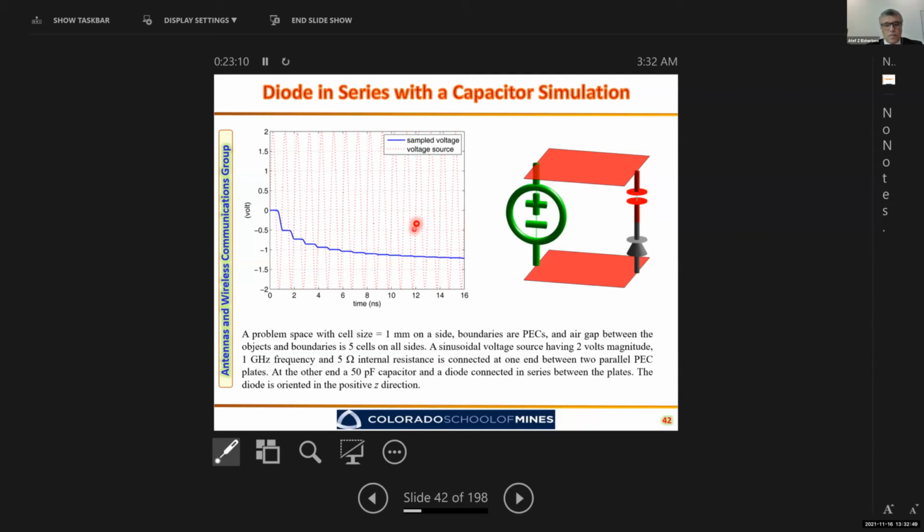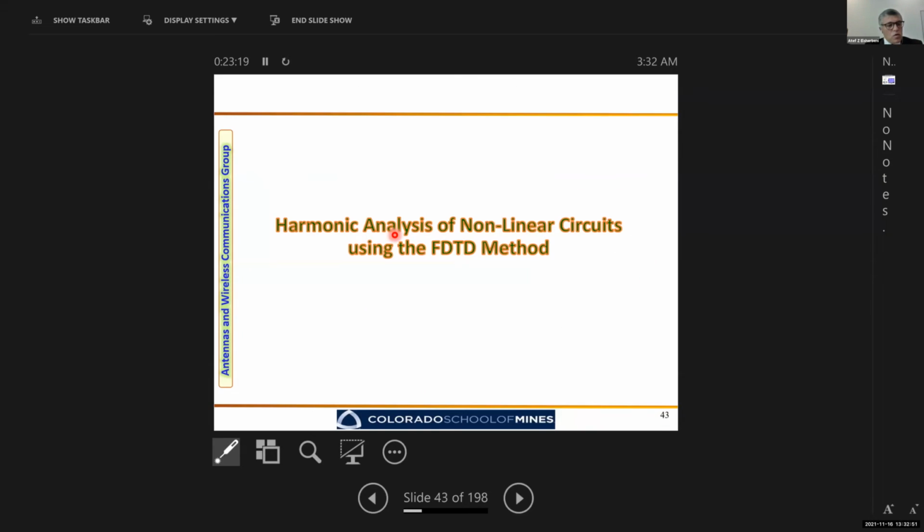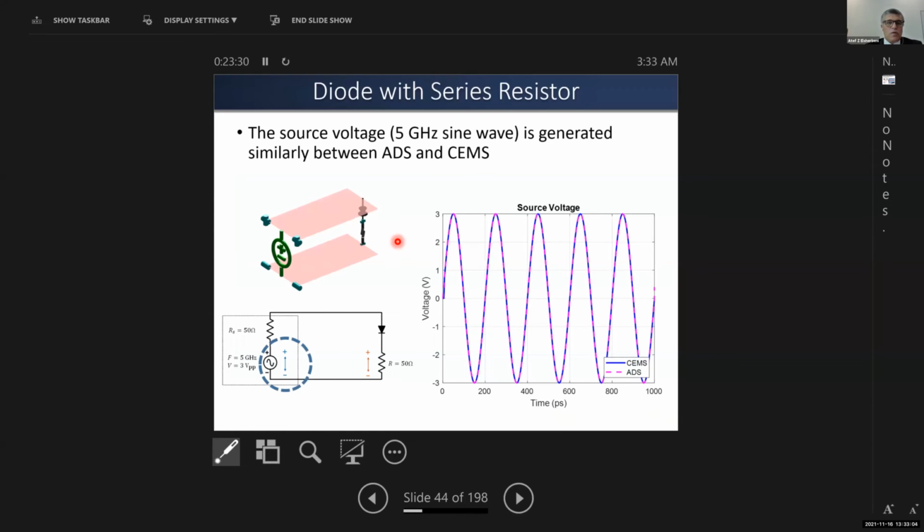Now, time domain is not going to obviously give you the impression right away that I can get a very good frequency domain solution for a problem. But in fact, we can look at a problem like this where we have a voltage source here, sinusoidal waveform operating at 5 gigahertz, and we have a diode and resistor, and we know that the diode is a nonlinear component.